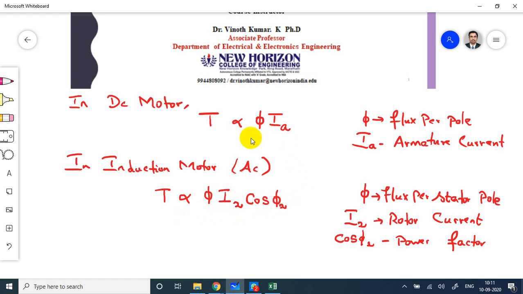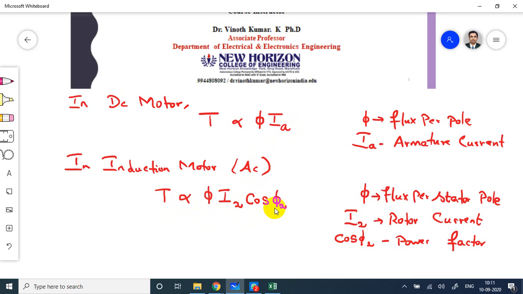What happens in DC? In DC, this phi 2 is 0. So cos 0 will be 1, and T is directly proportional to phi into Ia, so the power factor is unity in a DC motor. But in an AC motor, the torque is directly proportional to the product of flux per stator pole, rotor current and power factor.